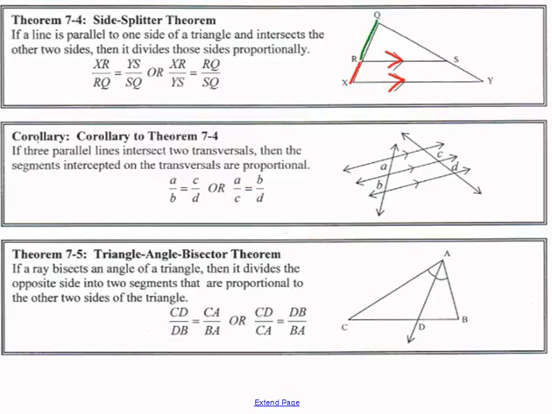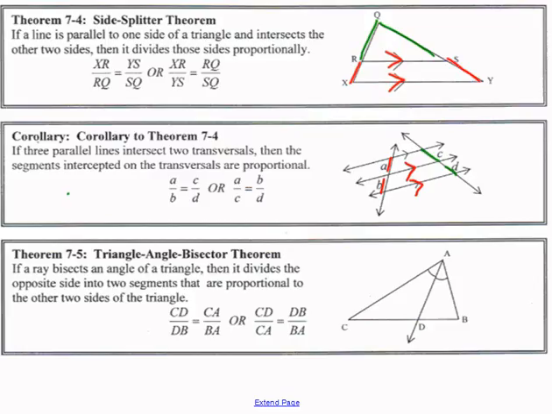That proportion equals this proportion. So then we'll be doing some cross multiplying with that stuff. Again, the corollary to the theorem is the same thing. If I have parallel lines, these parallel lines are here, then these two are proportional to these two.